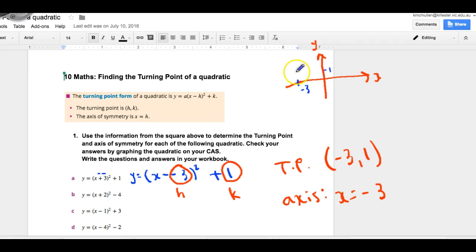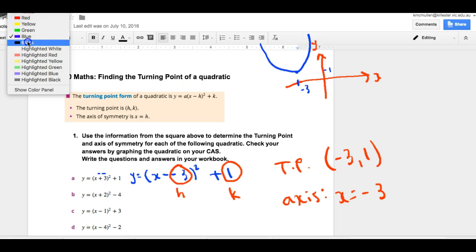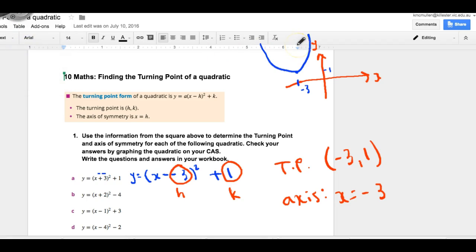So your point negative 3, 1 is there. Now, sometimes you can have negative parabolas and sometimes you can have positive parabolas. This one here is a positive parabola, and I'll explain how I know that in a second. So there's our positive parabola. And let's draw our axis of symmetry in as well.